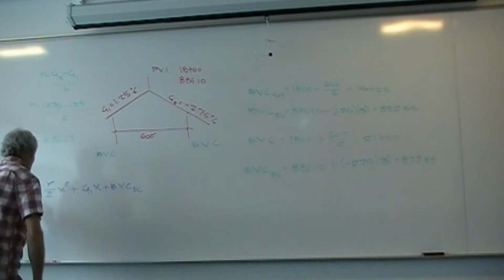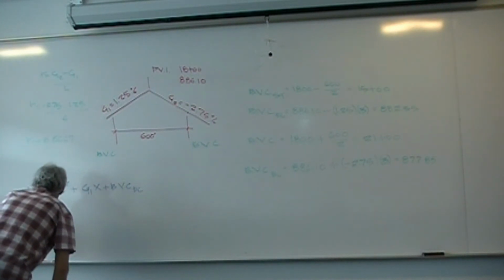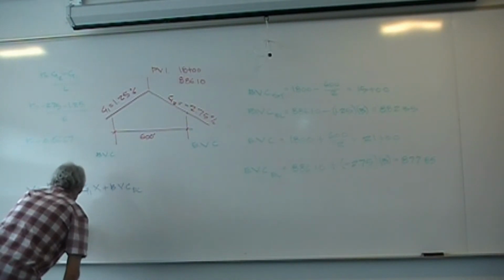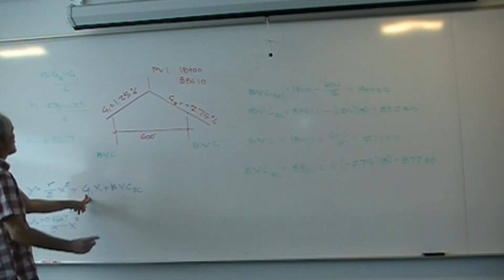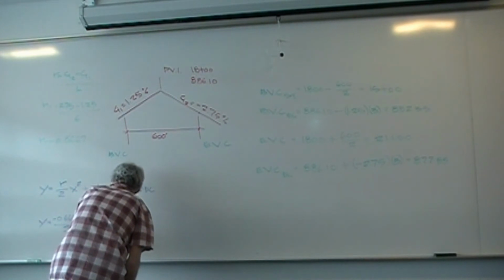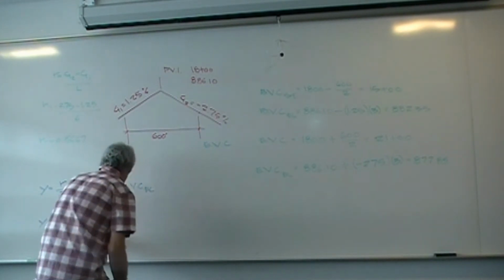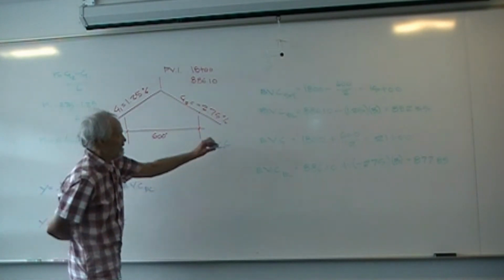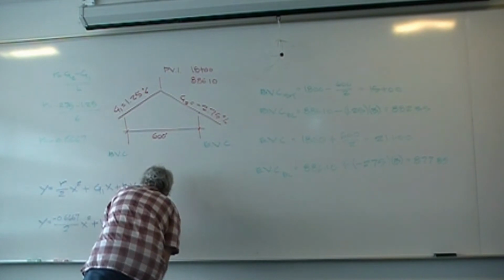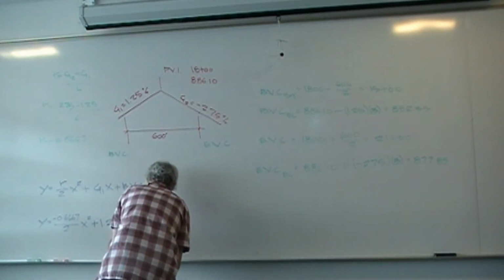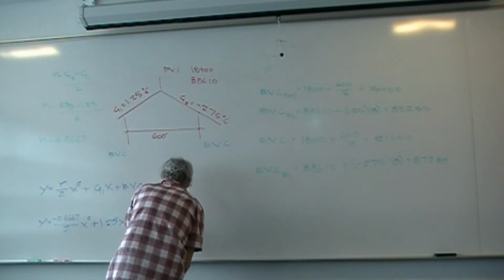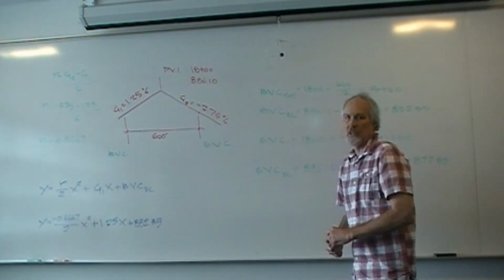So we're going to take this guy here, over 2 times x squared, plus G1 x. G1 is this guy. He brings his sign with him. So if he was negative, you'd have a negative value there, but in this case I have a positive value, plus the elevation of the BVC. BVC, we add to that 882.35.